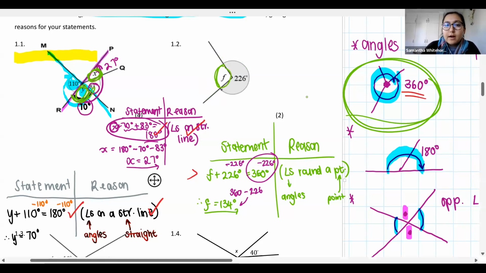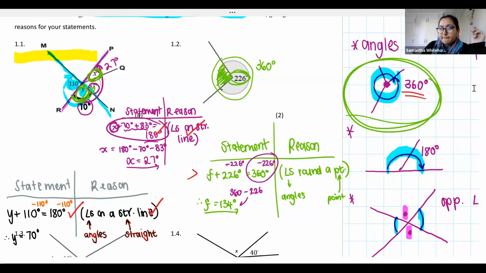How can I work out what size F is? If you have a look here at what I've drawn, if you include this angle, you have got a full circle. A full circle has 360 degrees in it. So if I've already got 226, how many am I missing at F? And that was my 134. Yes, ma'am. Okay.